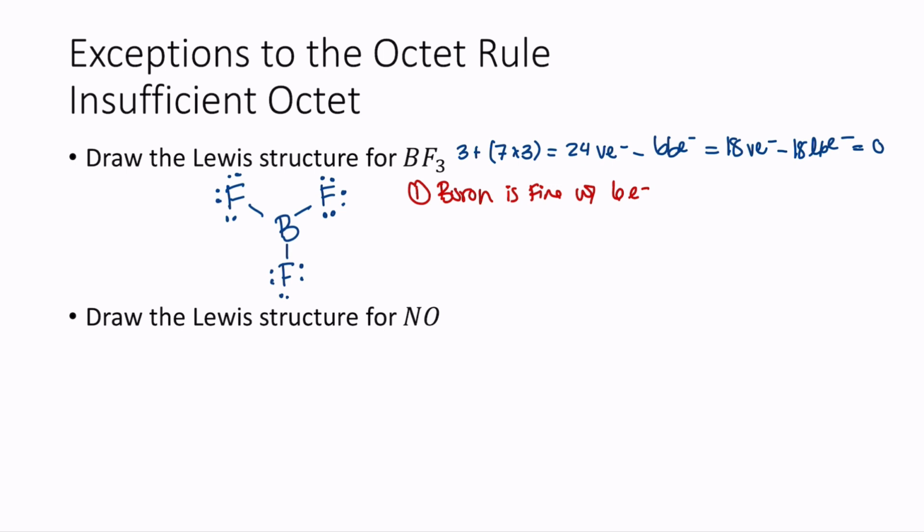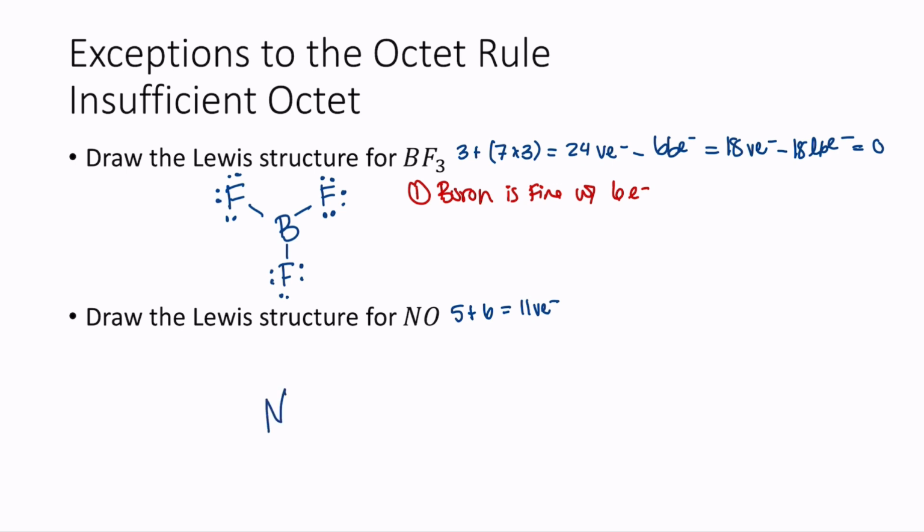The next example is NO. Nitrogen has 5 valence electrons, oxygen has 6, so we're going to have 11 valence electrons. Right away, you might be thinking, that's a little weird. We haven't done a Lewis structure that has an odd number of valence electrons. And NO does exist.